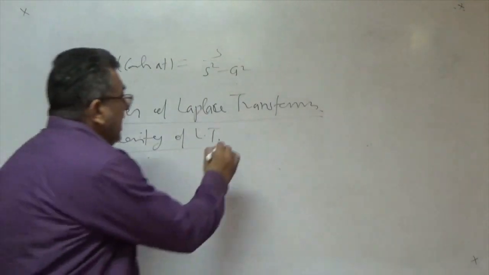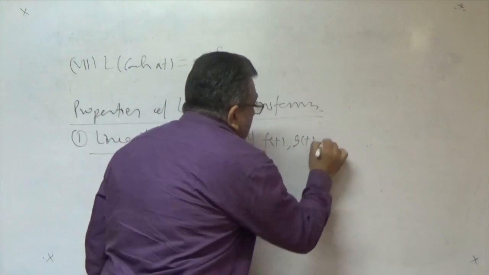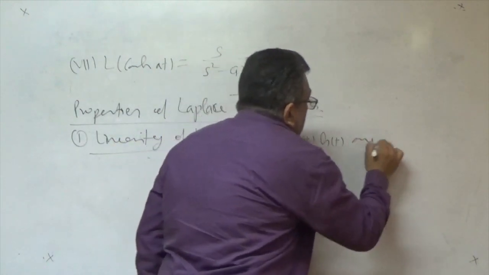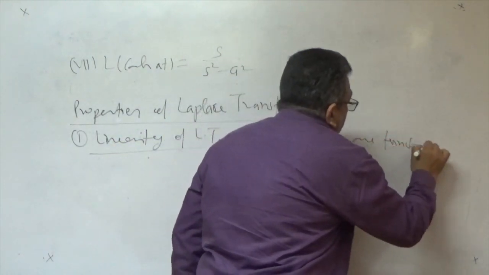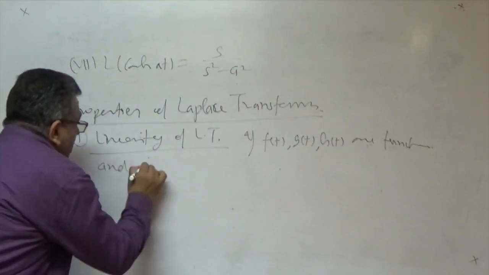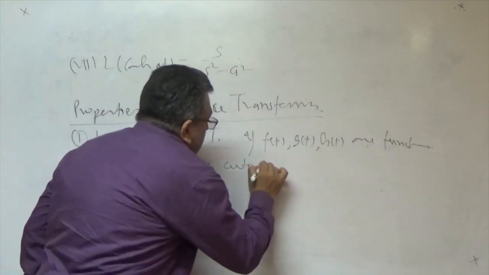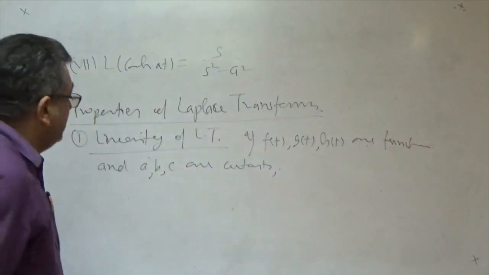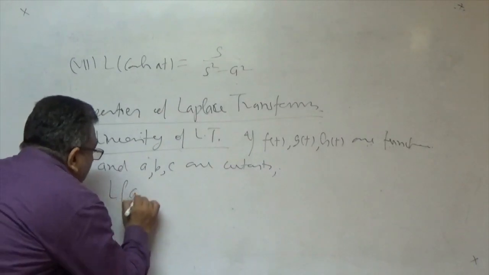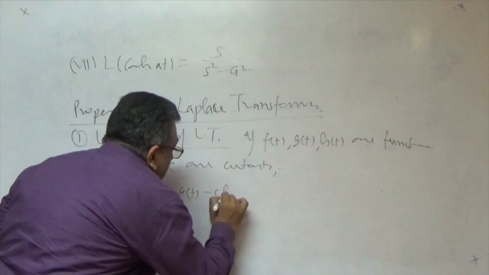Linearity means if we take three functions, f(t), g(t), and h(t), all defined for t, and a, b, c are simply constants, then consider Laplace transform of a into f(t) plus b into g(t) minus c into h(t).